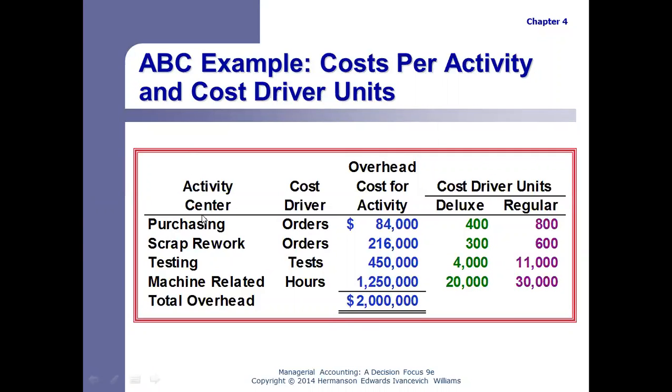So they're going to split up or divide up all of their overhead costs into these 4 activities. Purchasing, so buying materials is one activity. Scrap rework. So whenever they have to scrap something and redo it, that's scrap rework. Testing the product, and then machine related activities.